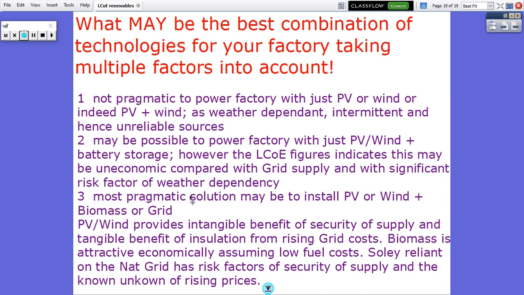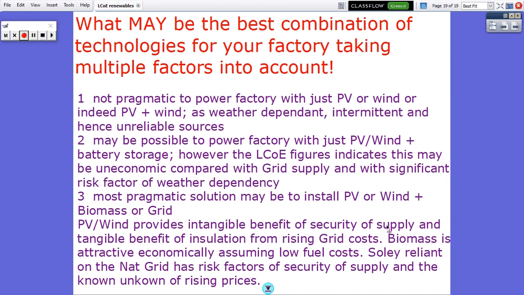The most pragmatic solution may be to install wind or PV plus biomass, or wind or PV plus the national grid. Why are we suggesting that? PV and wind provide the intangible benefit of security of supply.